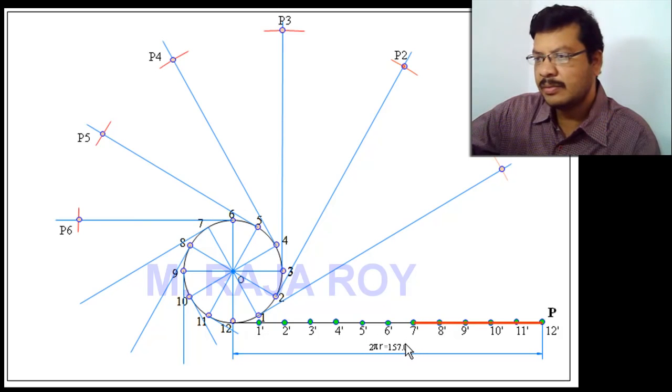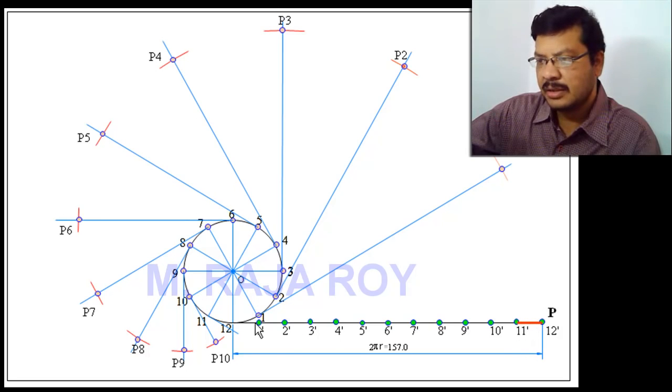For P7, for P8, for P9, for P10, for P11 you take the small distance as radius.